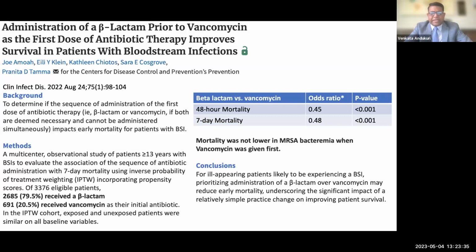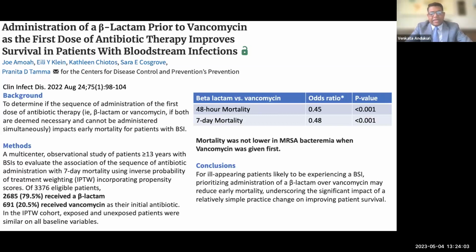So the question arises, what if it's MRSA? So they did look at that as well. Mortality was not lower in MRSA bacteremia when vancomycin was given first. And this is something I discussed with our infectious disease colleagues. And they mentioned the reason for this, they think, and it's described in the paper as well, is because of the gram-negative bacteremia that the beta-lactams affect.